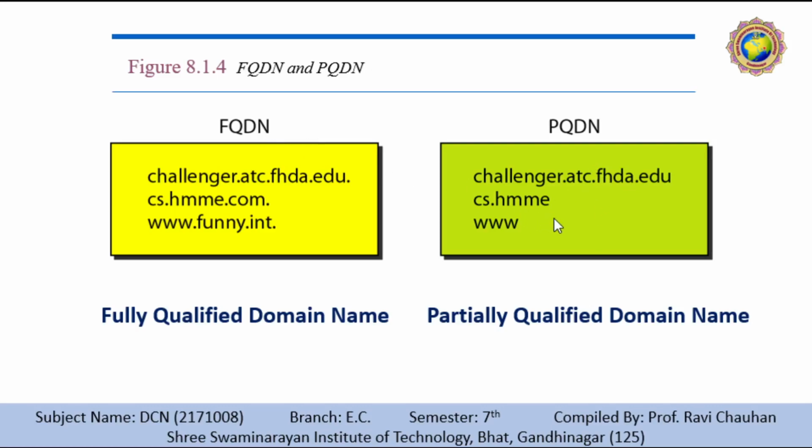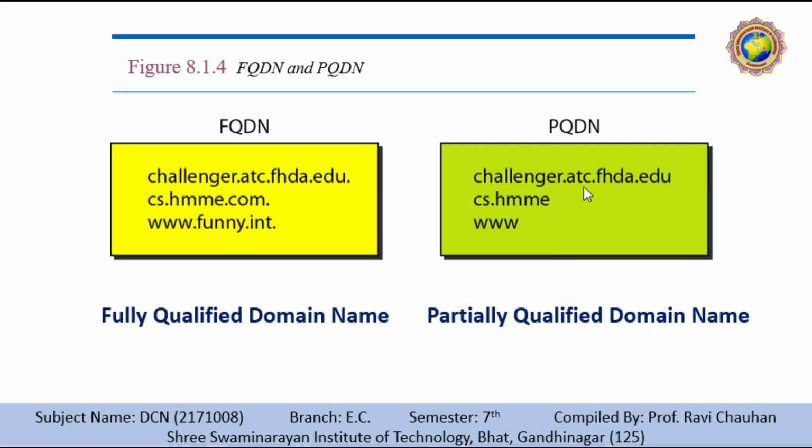For example, if a user at the fhda.edu site wants to get the IP address of the challenger computer, he or she can define the partial name, just challenger. The DNS client adds the suffix atc.fhda.edu before passing it to the address of a DNS server.